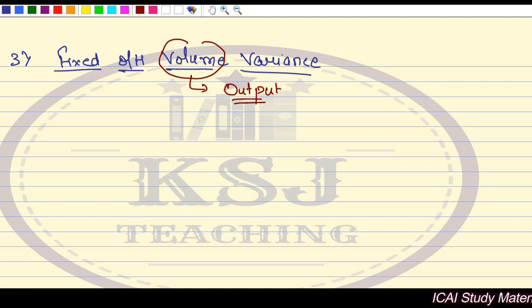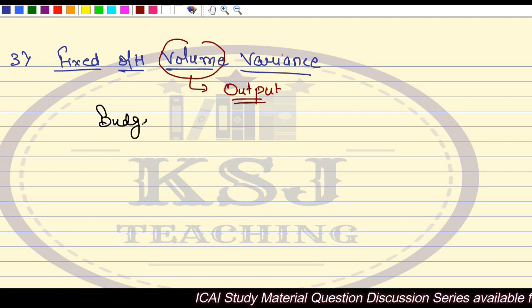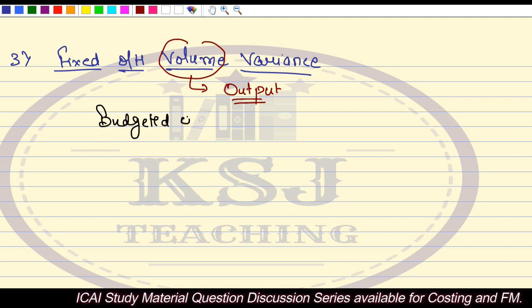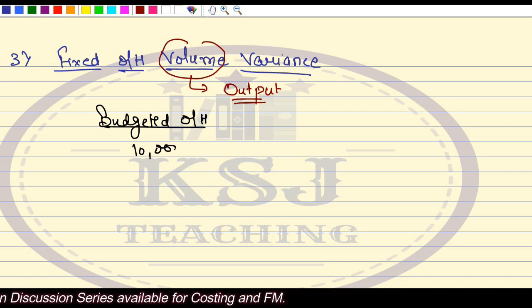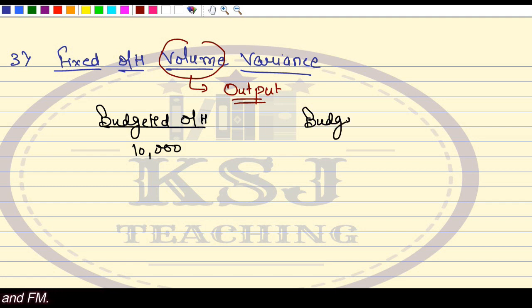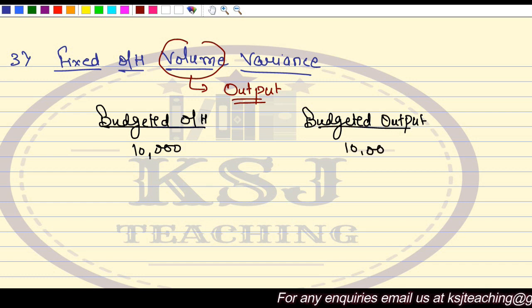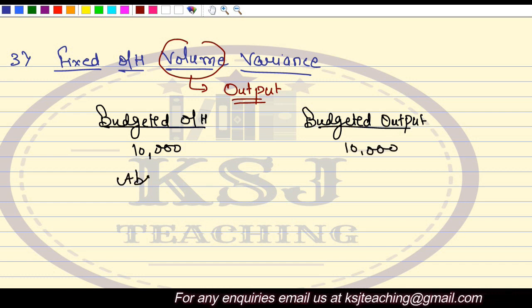For example, say my budgeted overheads is say 10,000 rupees, right? And my budgeted output or the standard output, we call it as, it is also 10,000 units. So can you tell me the absorption rate from here?